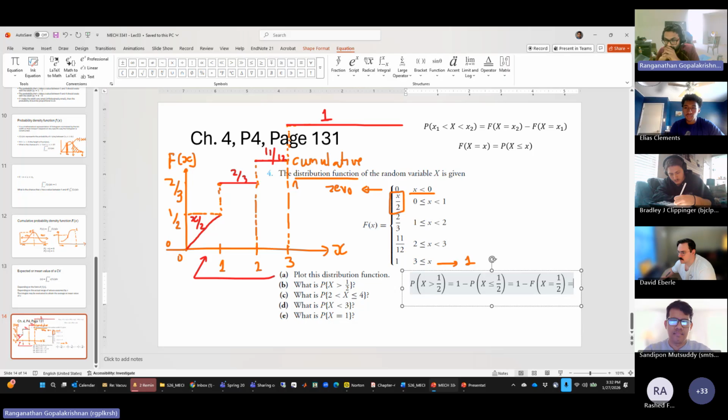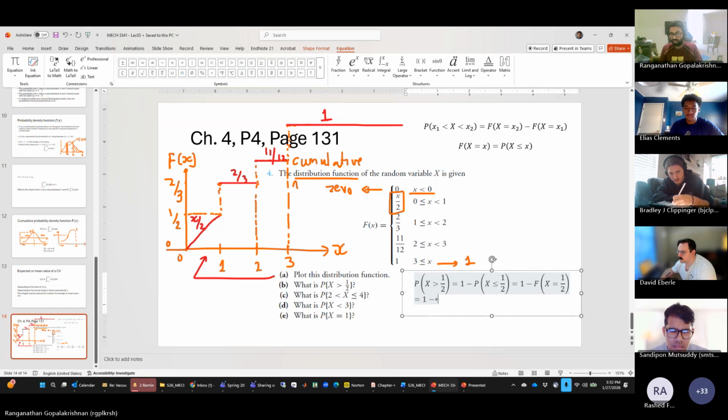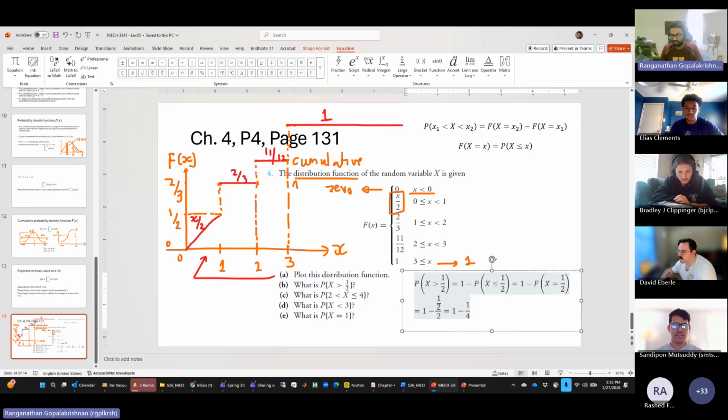I'll give you a minute to think here. 1/4. 1 minus 1/2 divided by 2, which is 1 minus 1/4, equal to 3/4.